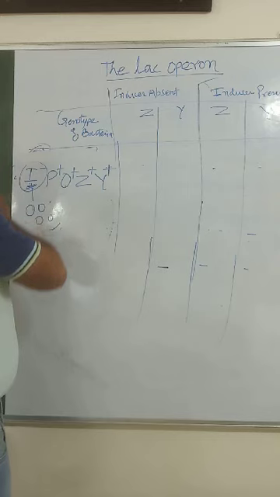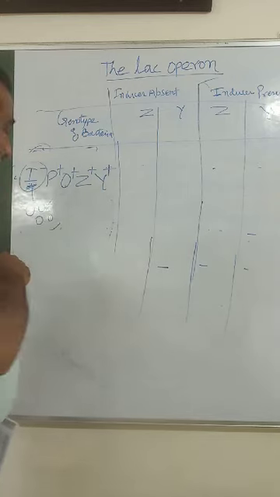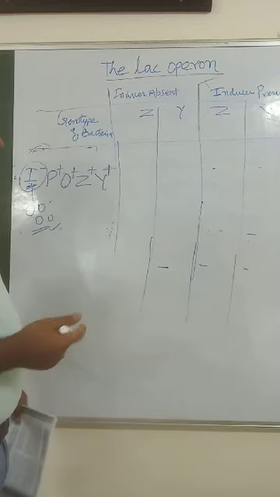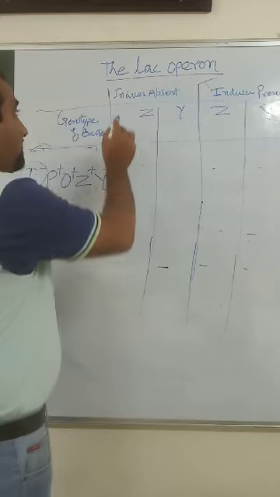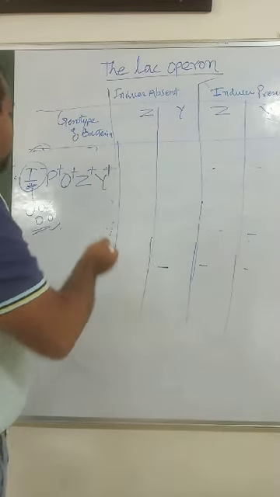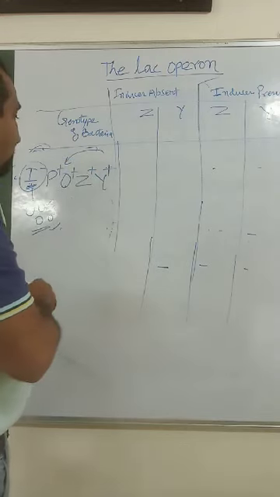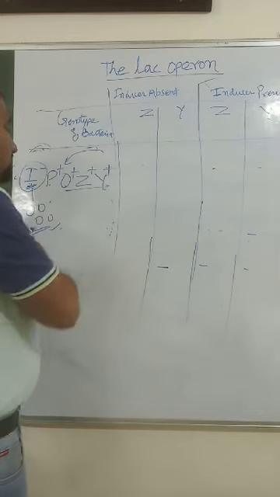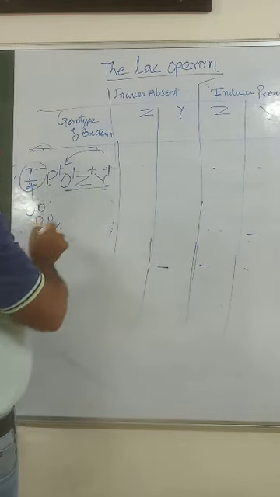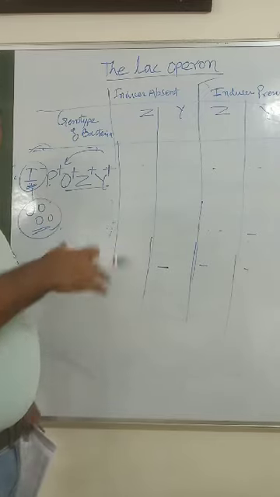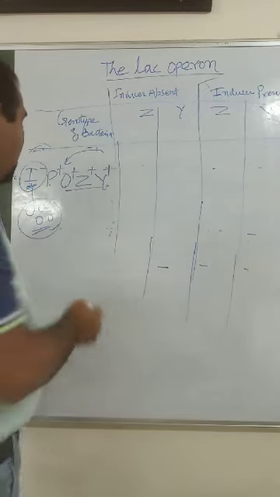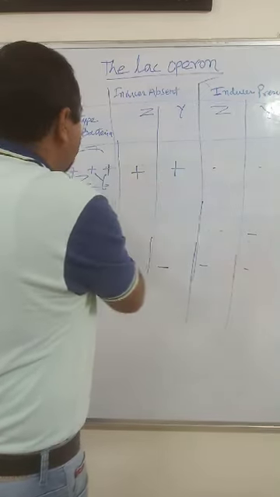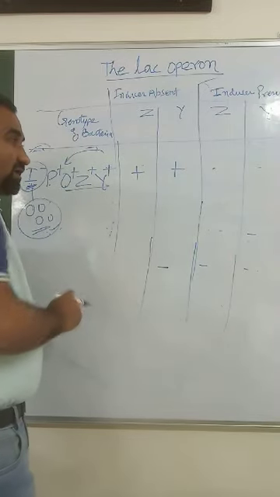So if mutation has taken place on the regulator gene, this suppressor molecule will have reduced or no affinity to bind over the operator, and if the inducer is absent, then RNA polymerase will come to bind over the promoter and start transcribing these genes, because the repressor molecules, which were turning off the lac operon, are already non-functional. So here the expression of both genes takes place, because both genes are in normal copy.